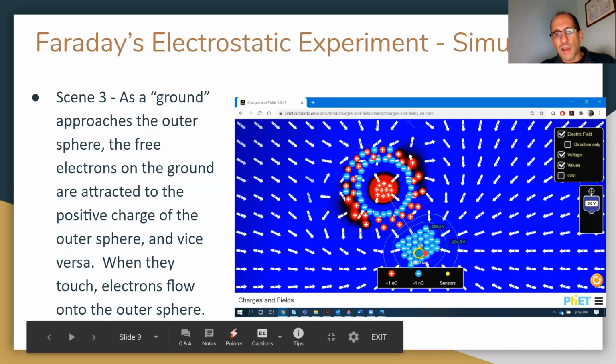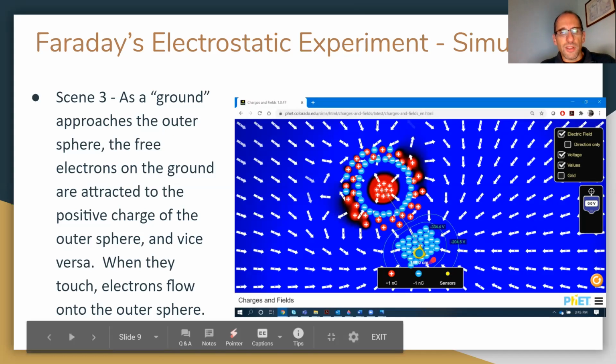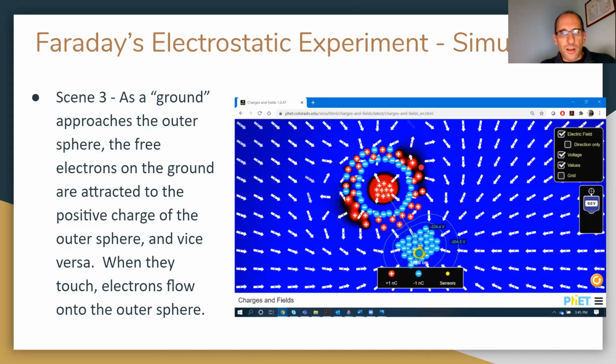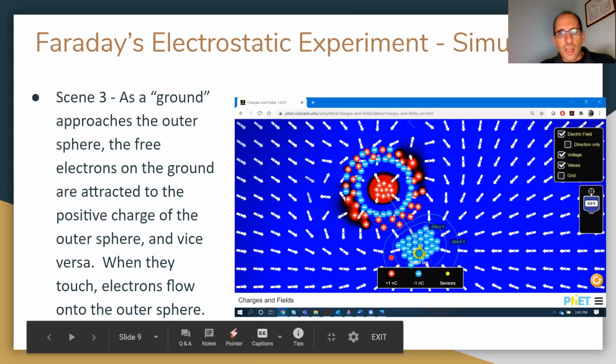And so as the ground gets close to the sphere, you can see these field lines. There's basically a dipole of sorts here. We have these net positively charged spheres here, and this is negatively charged. And so you have all these electric fields coming from the positively charged place to the negatively charged place.